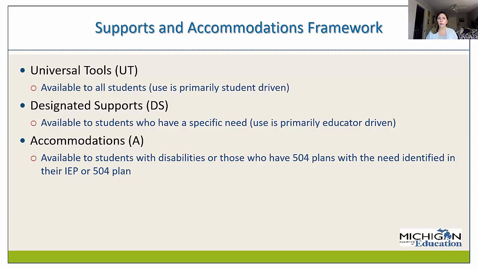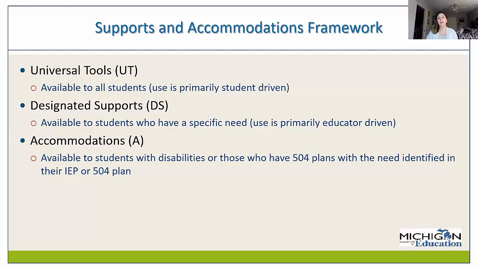The last category is what we call accommodations. This is a very narrow set of supports that are only available if the student is a student with disabilities or has a 504 plan, and if they have a need for that accommodation identified in their IEP or 504 plan.